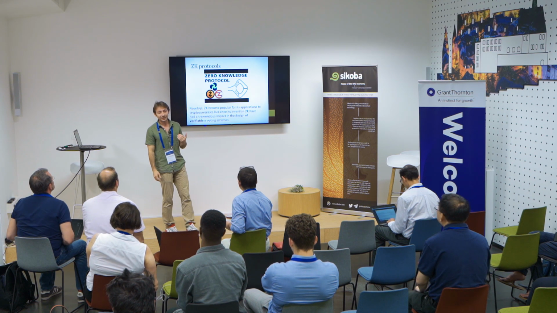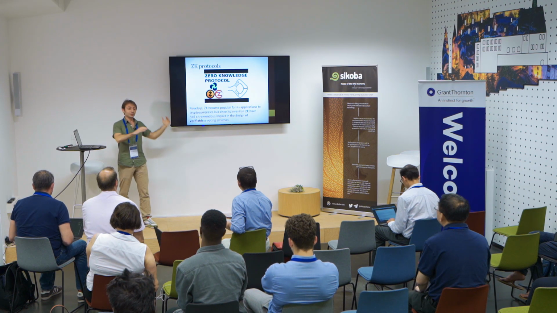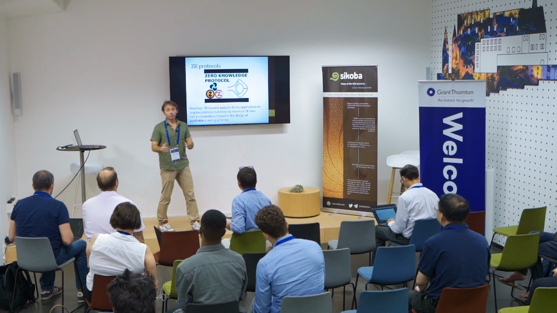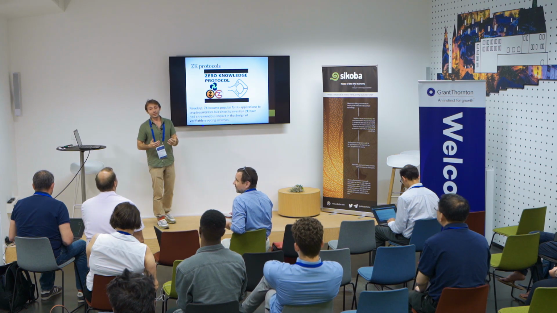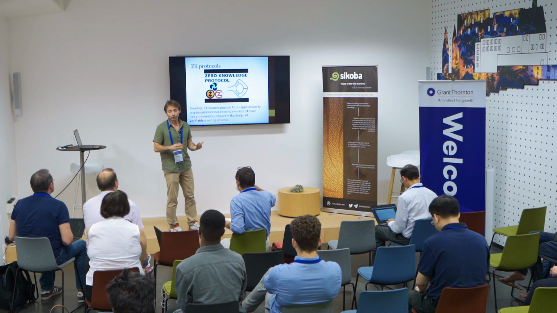And the other reason is that e-voting is at the origin of zero knowledge. E-voting actually motivated a lot of improvements to zero knowledge protocols, proof of correct decryption, proof of shuffle.